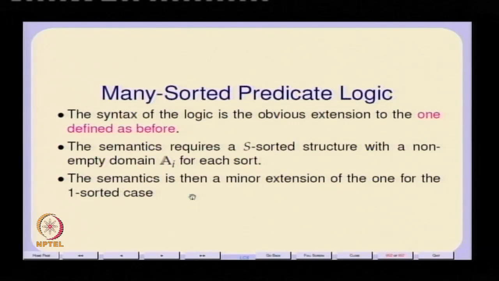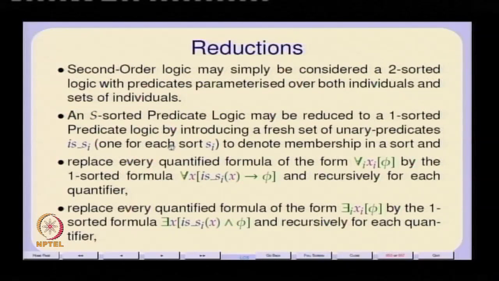Then we just extend the semantics in a simple way. Similarly, it becomes a little tedious to write it, but otherwise the extension is fairly obvious, and this semantics is then a minor extension of essentially the one sorted case.